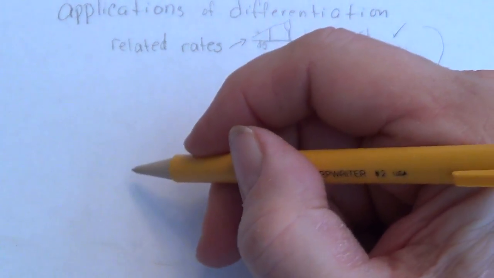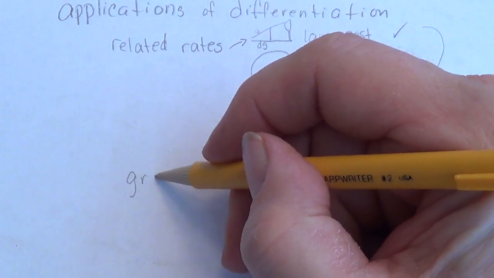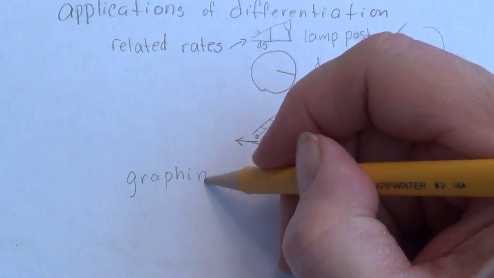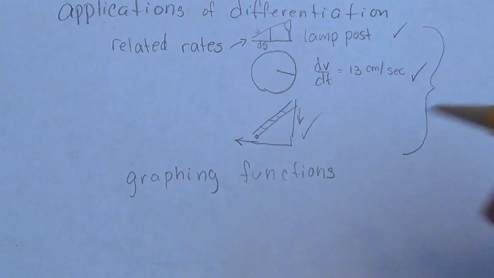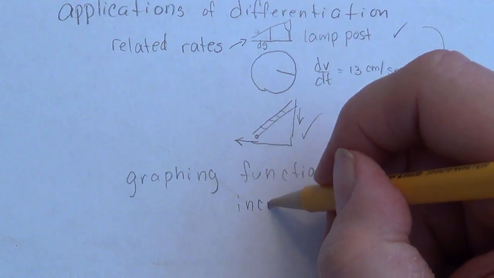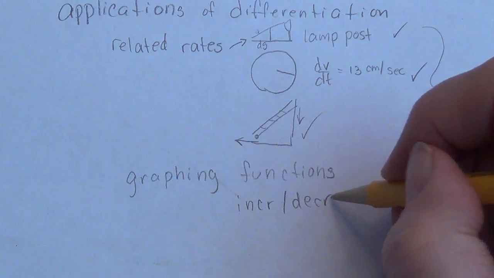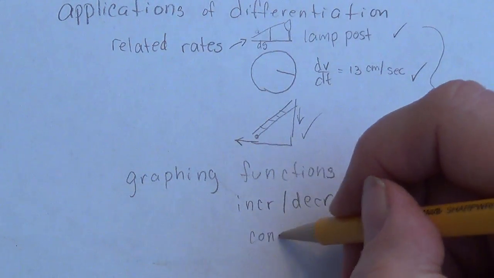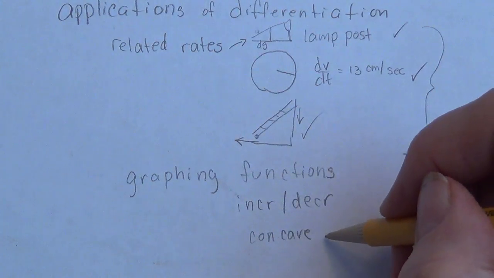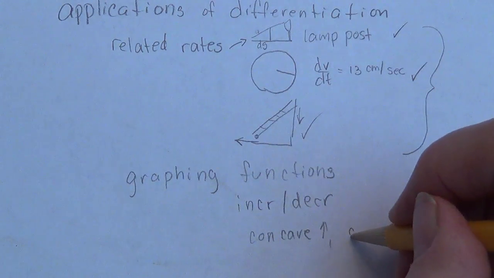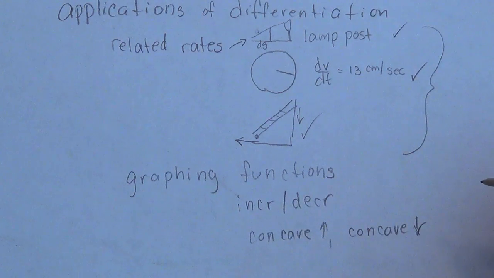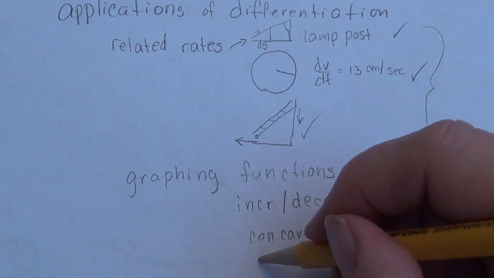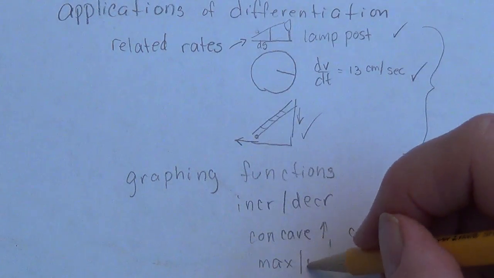Another thing that we used derivatives for was graphing functions. So review, when a graph is increasing or decreasing, what's the derivative doing? When it's concave upward or concave downward, what's the derivative doing? What is the derivative doing when it's at a maximum spot or a minimum spot?